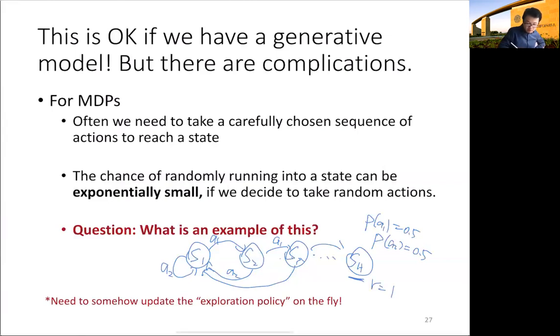You get a reward of 1. In all the other states, there is no reward at all. Then the probability for you to reach this state SH is really exponentially small, right? So you have to be extremely lucky to continue to pick action A1 if you decide to randomly explore.